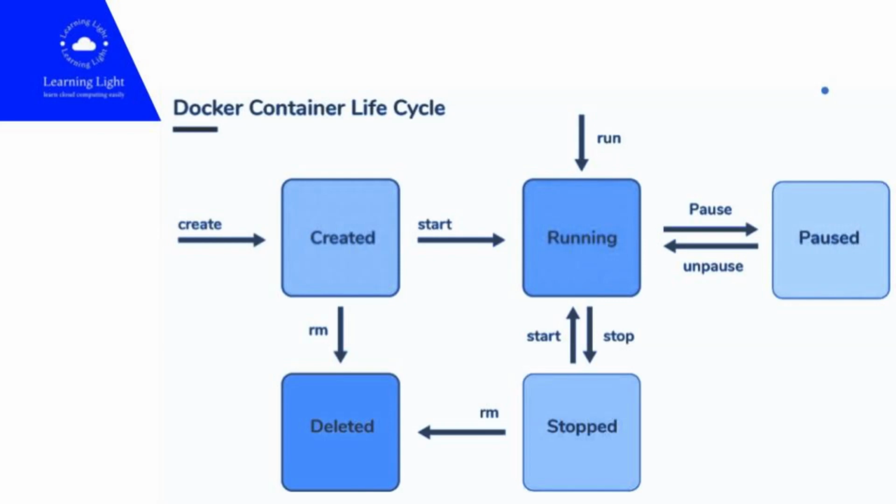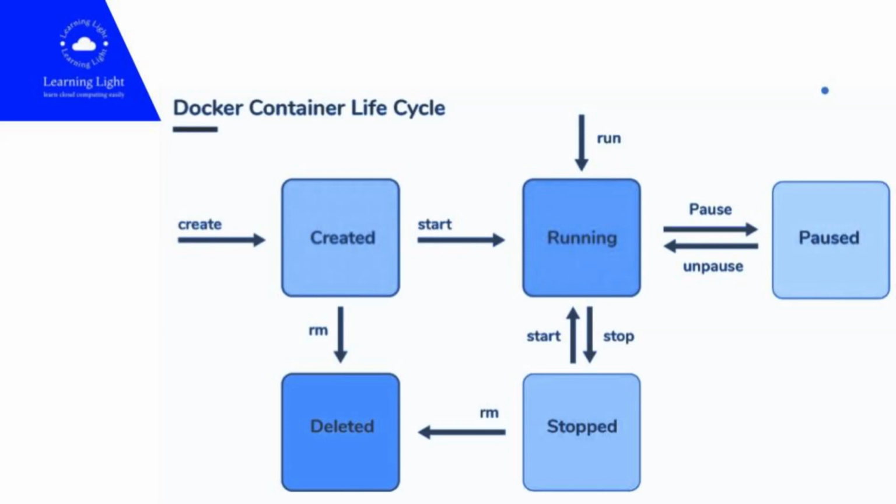start this particular container. Now, if you want to pause this running container, you can fire this pause command, and once it is paused, you can use the unpause command to resume the container back to the running state.